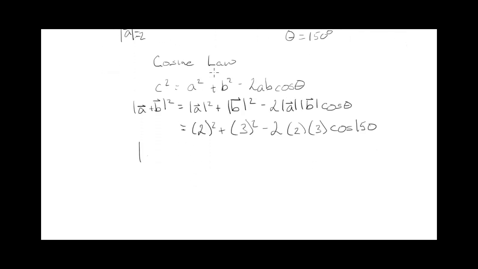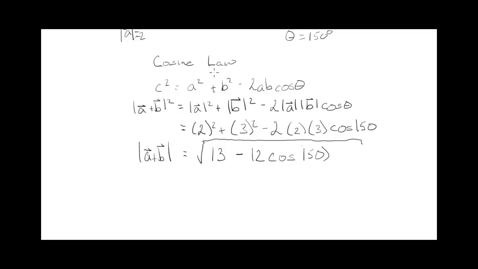The magnitude of a plus b, now this is squared, so in order to get the answer, I'm going to have to take the square root of, and I'll simplify a little bit. 2 squared was 4, 3 squared was 9, so that's 13 minus 2 times 2 times 3, which is 12, times the cosine of 150.